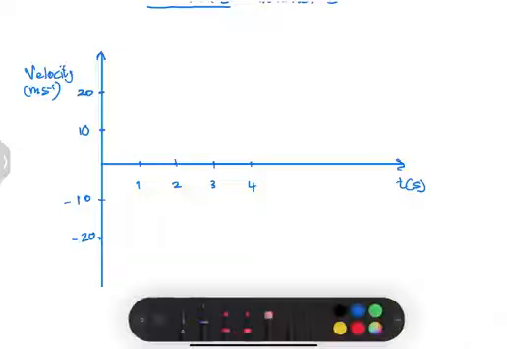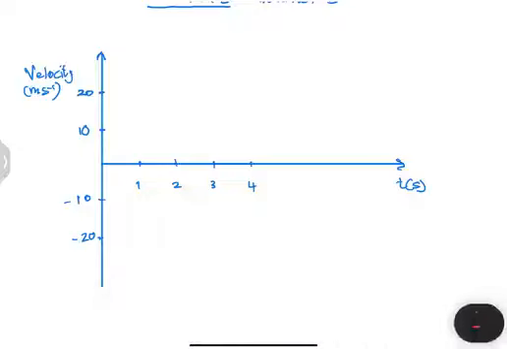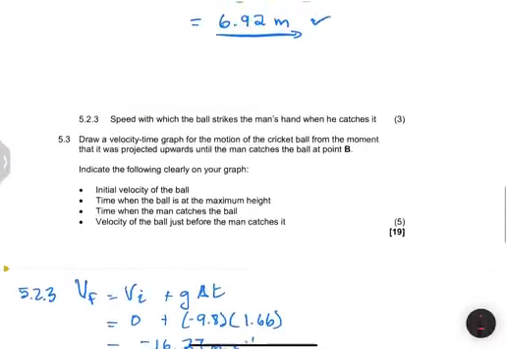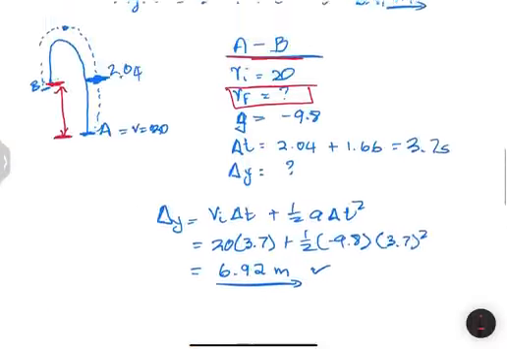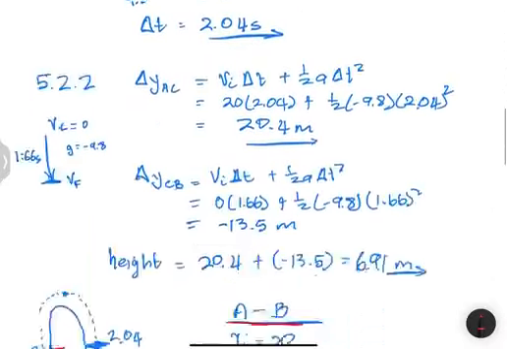So right at the beginning, remember, our initial velocity was positive 20. Remember, I took upwards as positive. So at time 0, my velocity was 20, right? And then I know that we got to a time of 2.04, that is at maximum height.